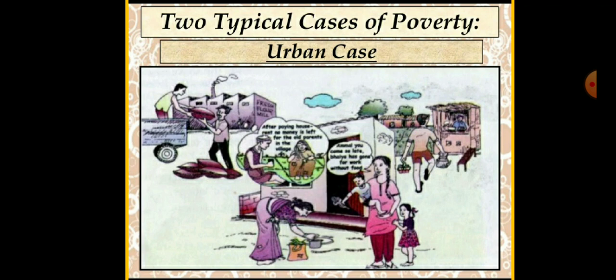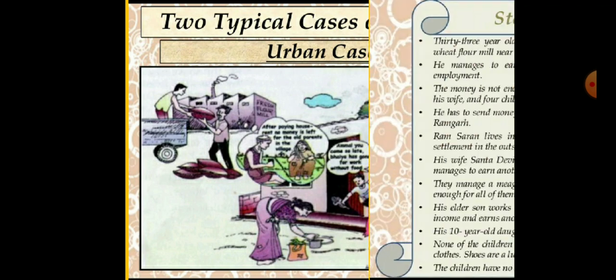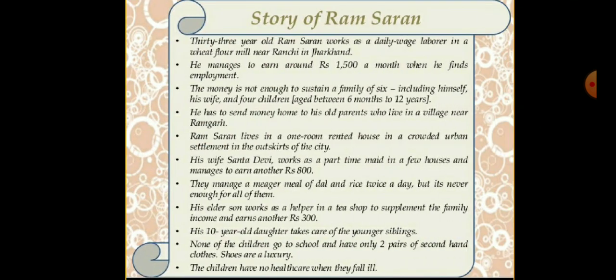Here I have a picture of an urban case. Many poor people are engaged in various activities. Some are working as domestic helpers, some as daily wage workers, some in a factory, like that. So let's learn the story of Ram Saran, who lives in the city.